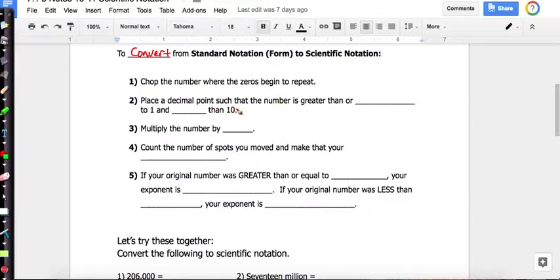Then we place a decimal point such that the number is greater than or equal to 1 and less than 10. We multiply the number by 10, and we count the number of spots you moved and make that your exponent.